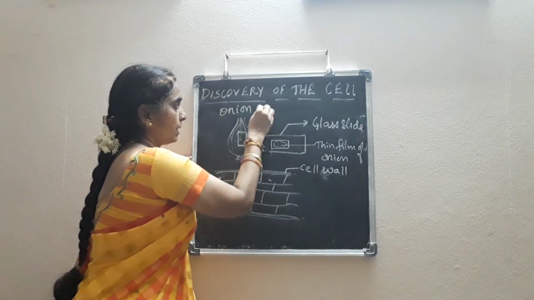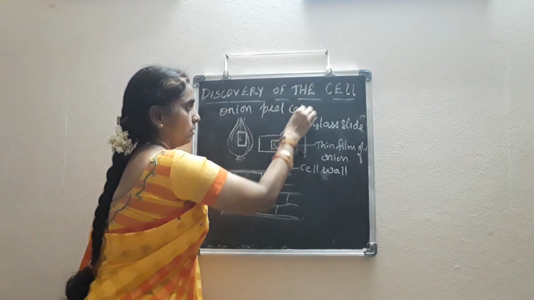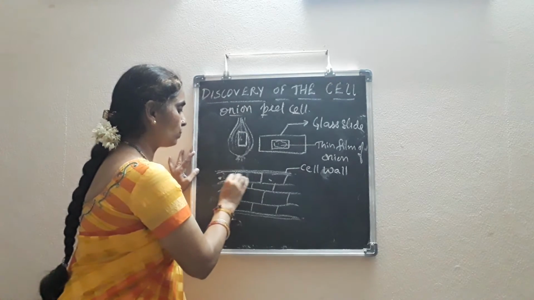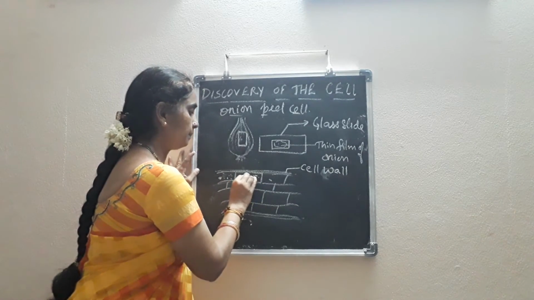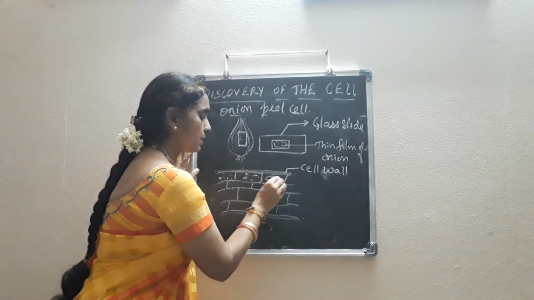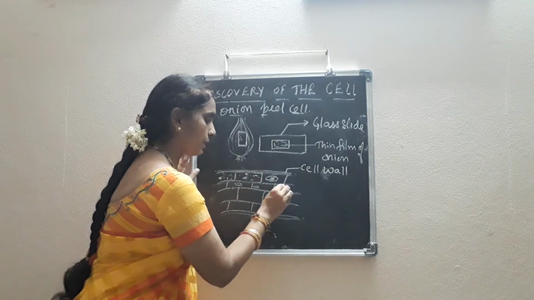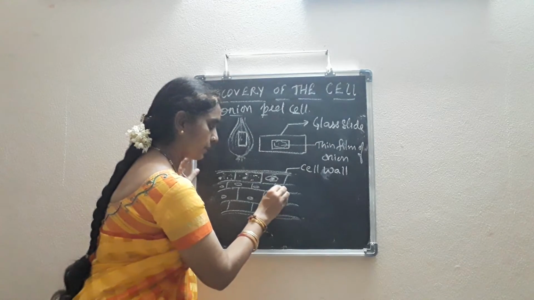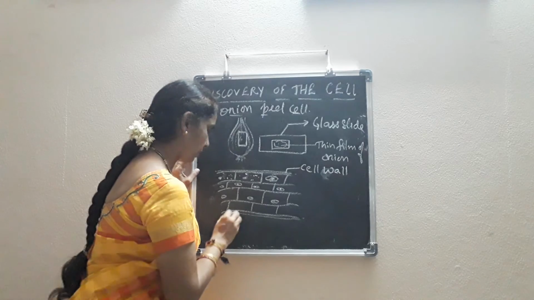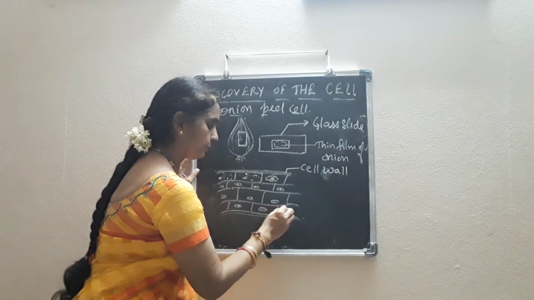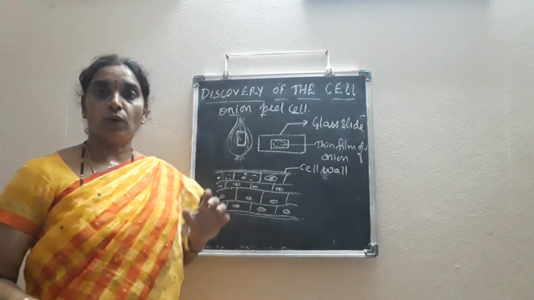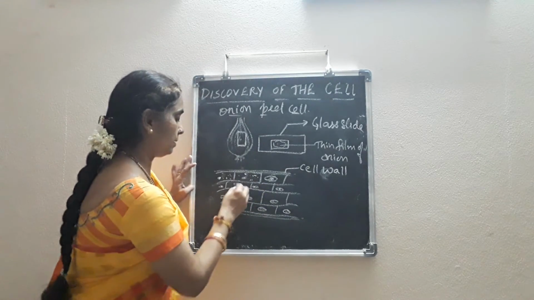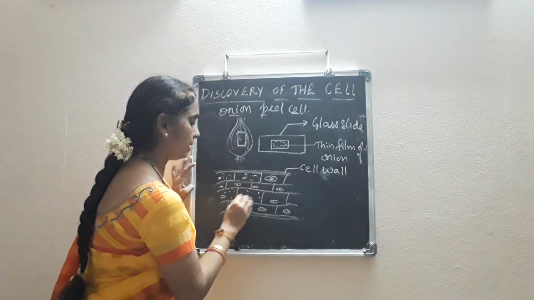If you observe under the microscope, I am telling you how to observe. Onion peel contains the nucleus and cytoplasm. So this is a nucleus. You can see at the periphery or edges a nucleus in every cell. The nucleus is present in the periphery, and the cytoplasm.